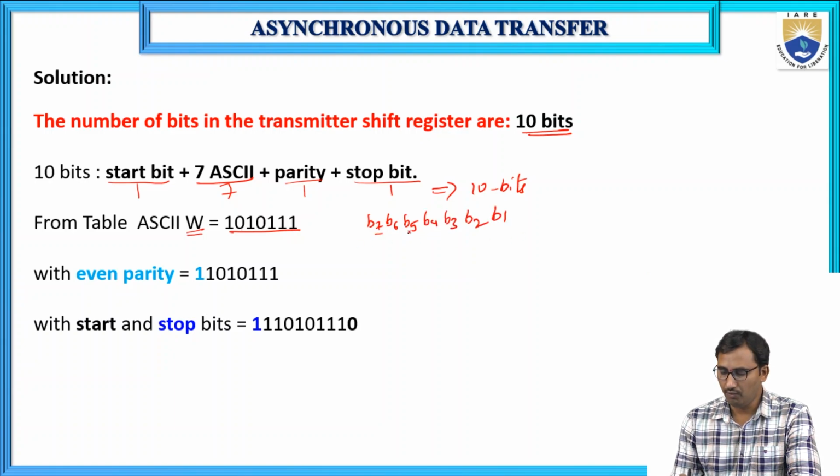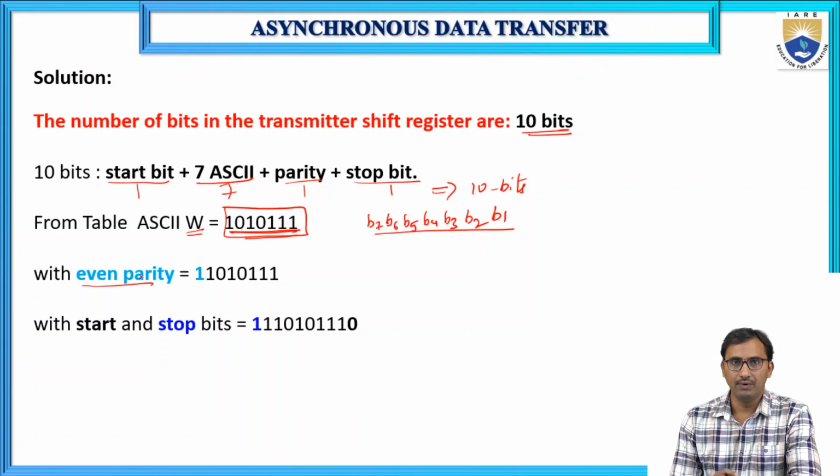In this way we have written 1010111. So this is the actual 7-bit data we are transferring from source unit to destination.